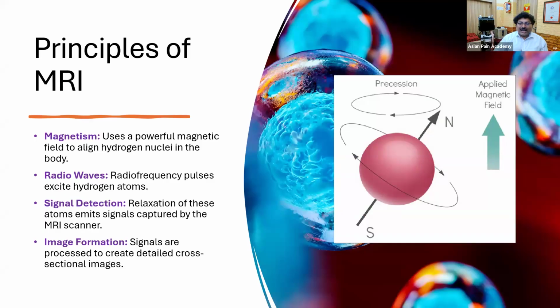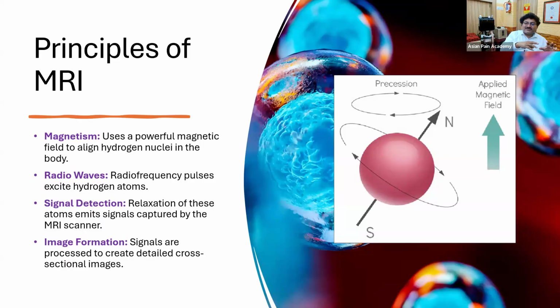When they are excited, they emit radio frequency pulses, and with time they come back down. As the hydrogen nuclei emit energy, we capture those energies in different time phases.